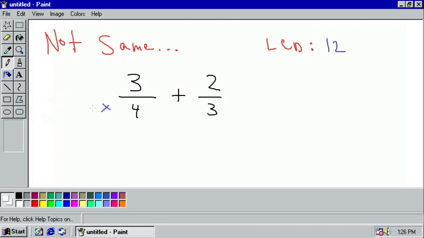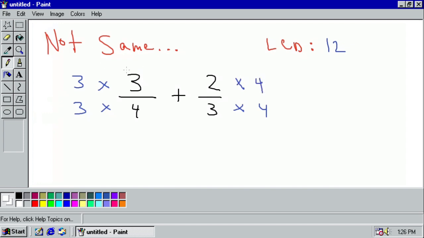So when we multiply the denominator, we also need to multiply the numerator. Now for this side, what should we multiply to 3 for it to become 12? Simply, we need to multiply by 4. And we'll multiply the numerator by 4 as I said earlier.